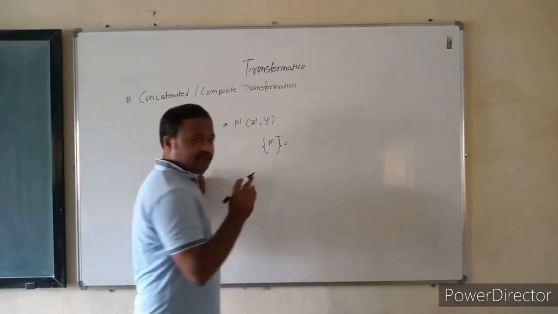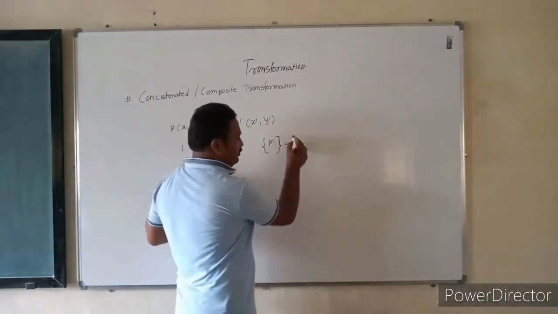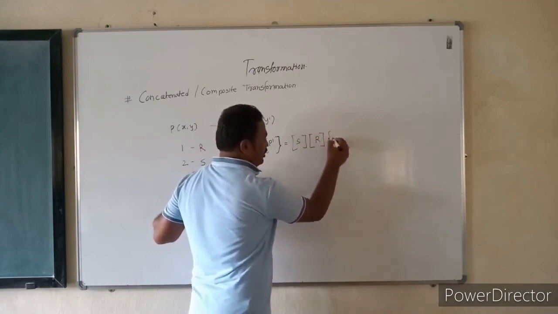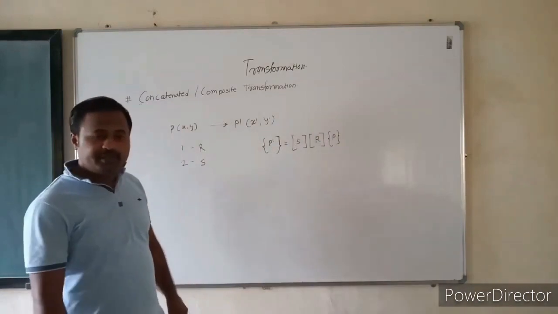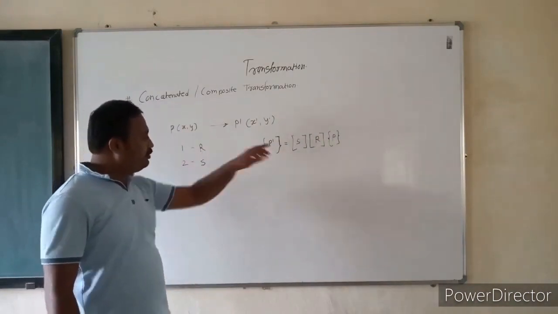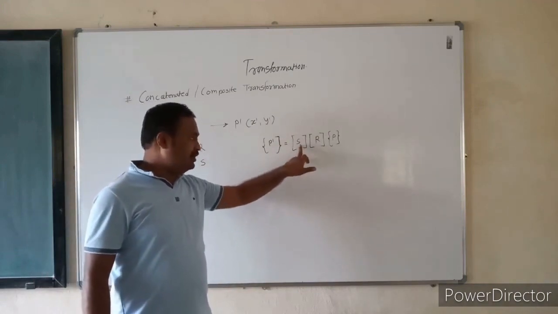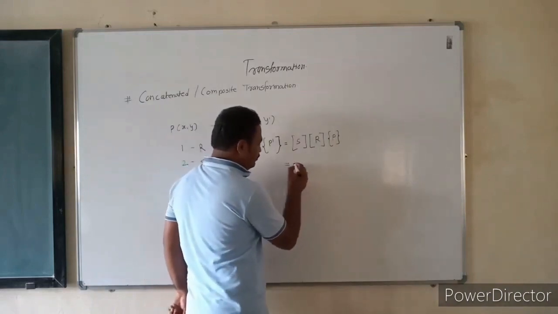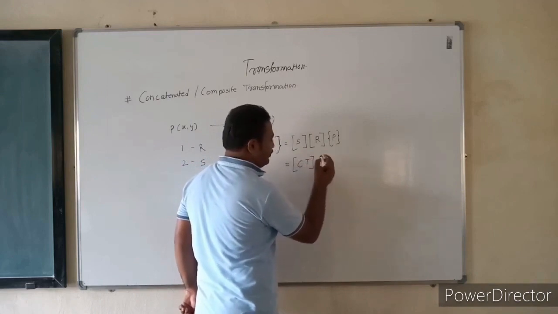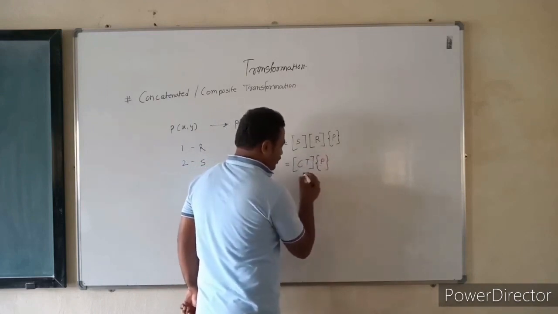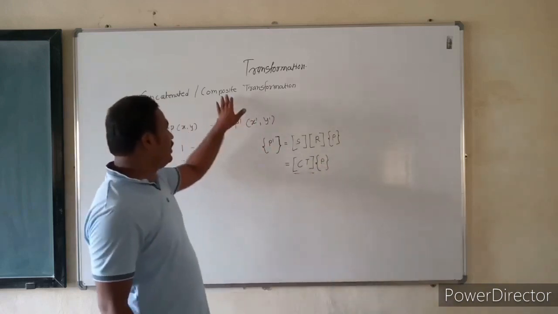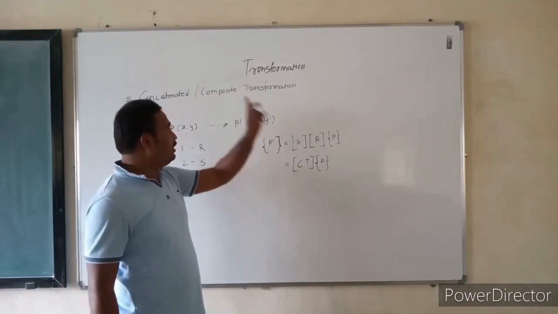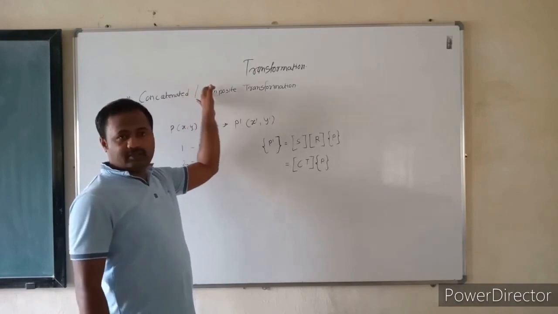In multiplication you take the reverse order: first the scaling matrix, then the rotation matrix, and last the original point coordinates P. This becomes CT, the composite transformation matrix, times P. CT is a new matrix called the composite or concatenated transformation.